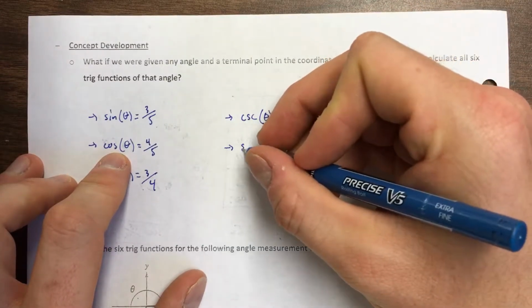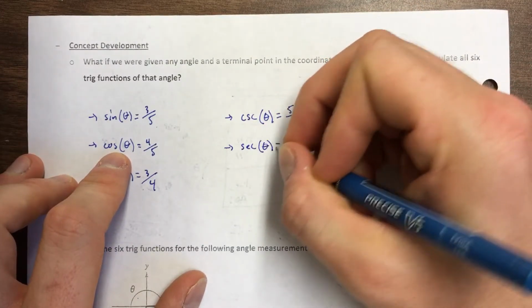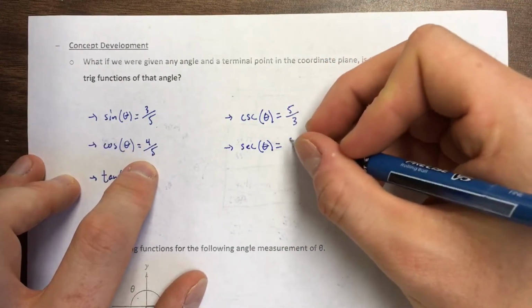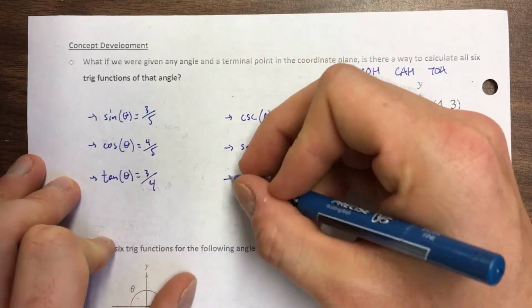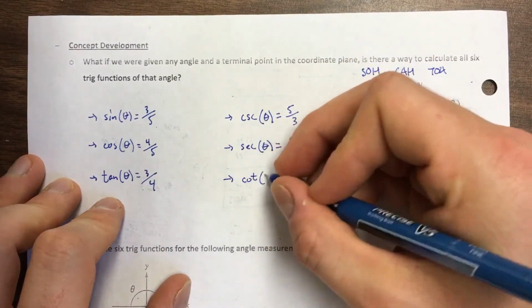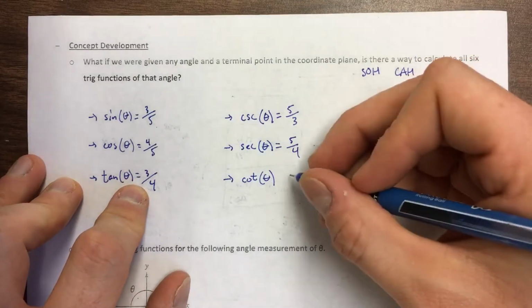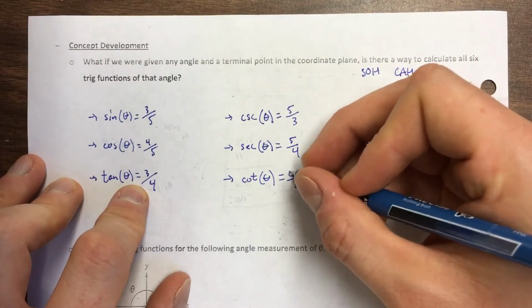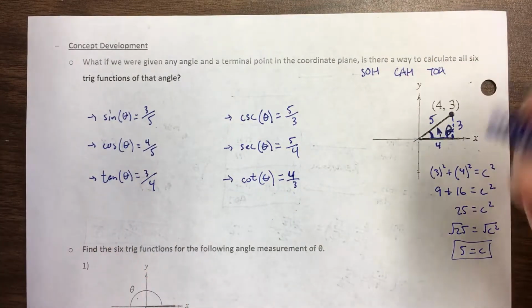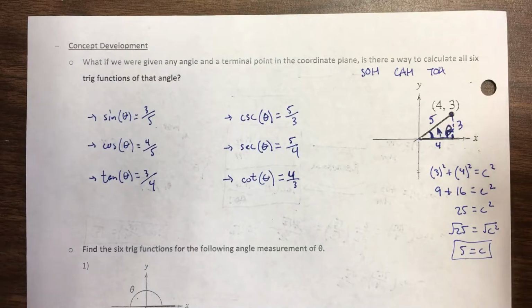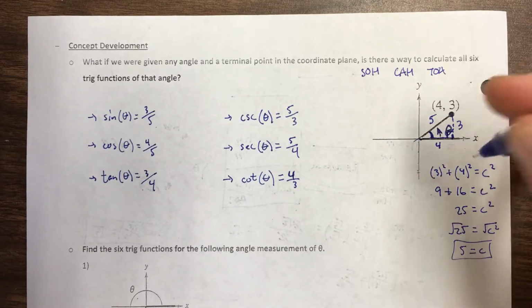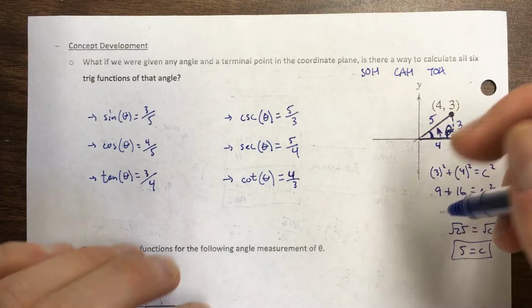Cosine is related to secant, so if cosine is 4 over 5, then secant is 5 over 4. And you kind of get the picture. If tangent is 3 over 4, then cotangent is 4 over 3. Those are our 6 trig functions, all coming from the triangle.